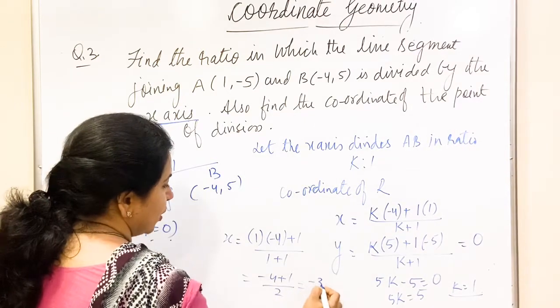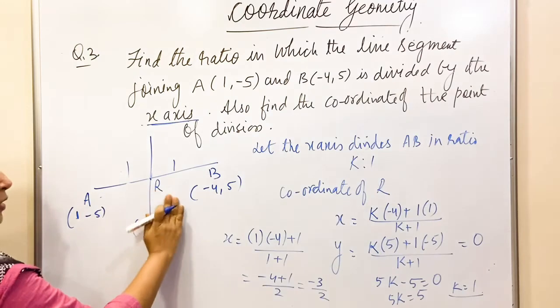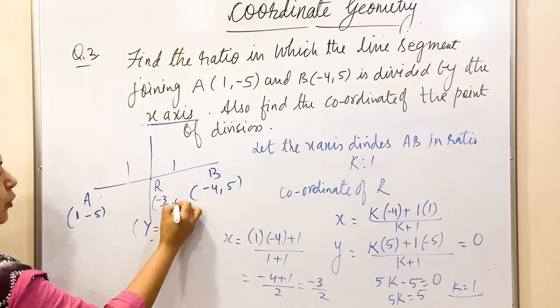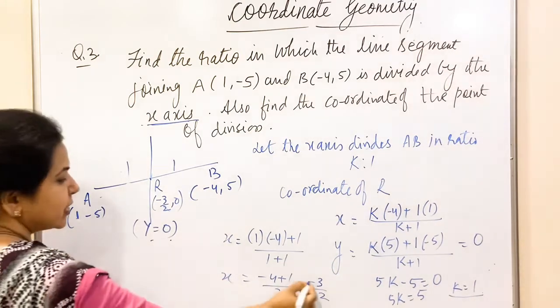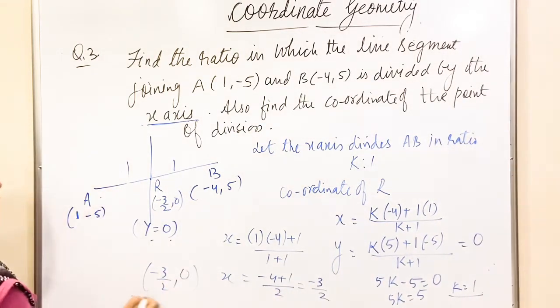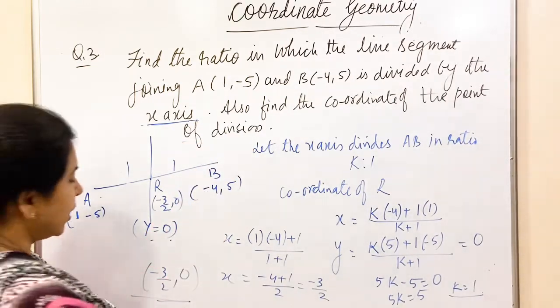So x is equal to minus 3 by 2. So the coordinate of R, finally the answer, is (minus 3 by 2, 0). x is minus 3 by 2 and y is 0. So the point on the x-axis is (minus 3 by 2, 0).